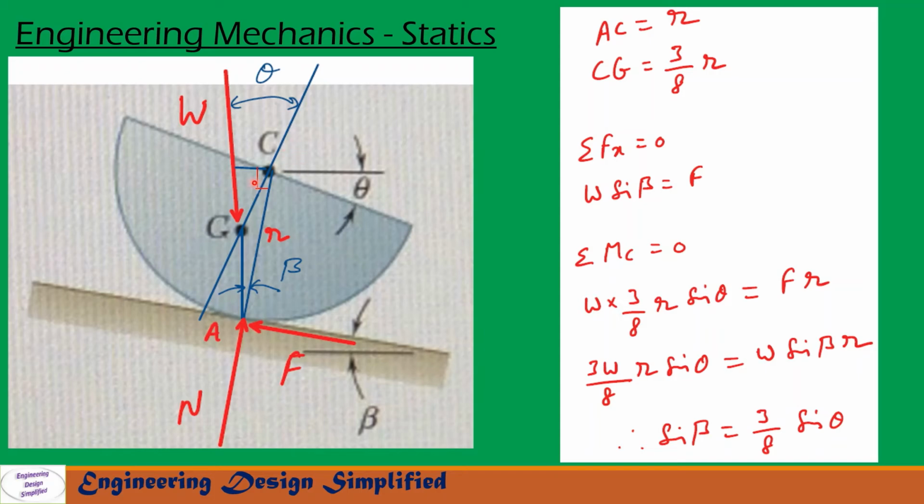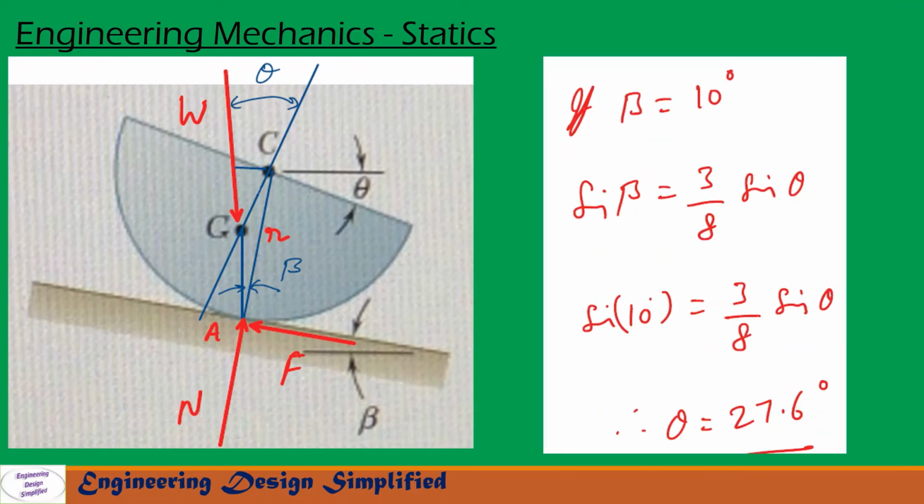The distance C to G is 3/8 R, and this angle is 90 minus theta, so the distance is 3/8 R cos(90 minus theta), that is 3/8 R sin theta. So the moment due to W about C is W times 3/8 R sin theta, equal to F R. Substituting F from the earlier equation and simplifying, we get sin beta equals 3/8 sin theta. This is the equation for equilibrium.